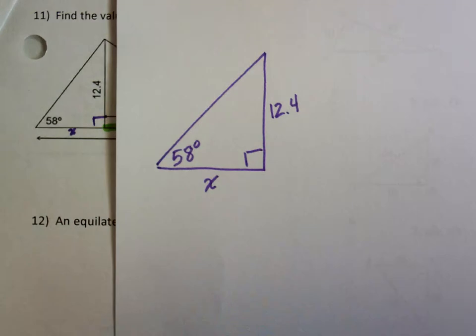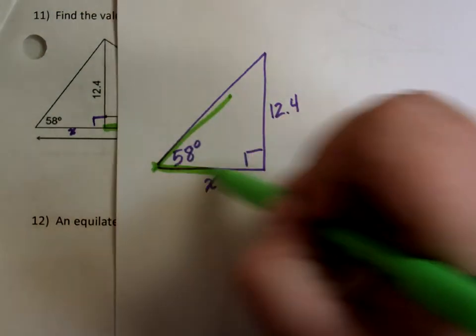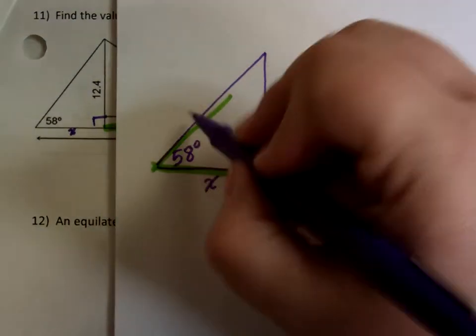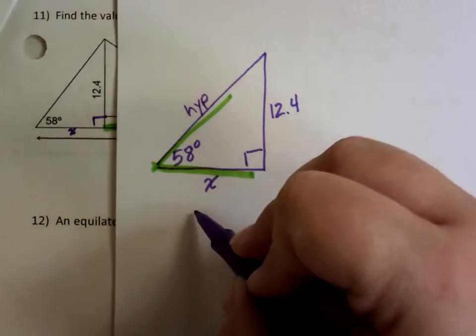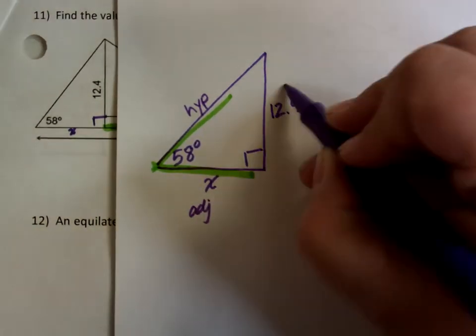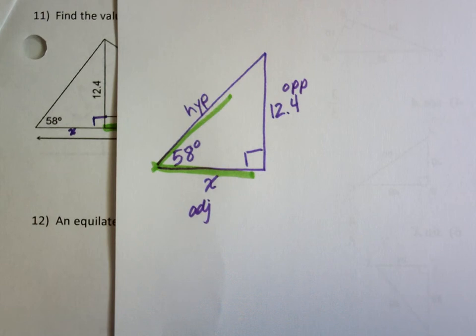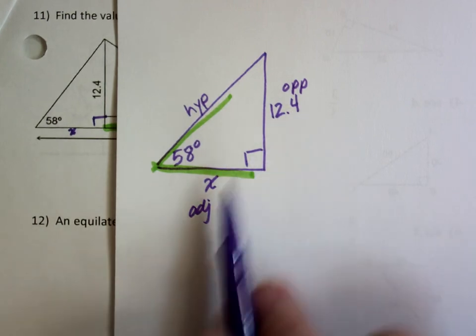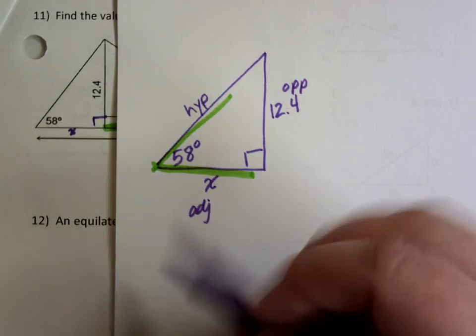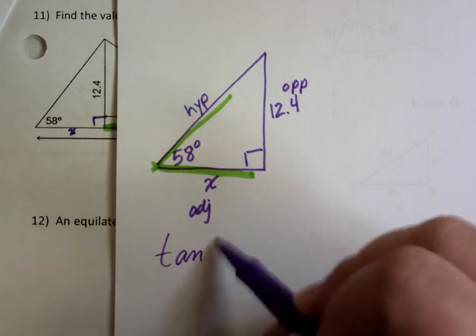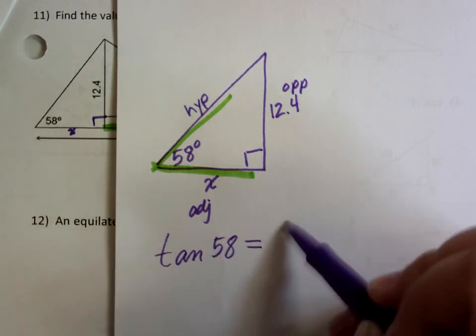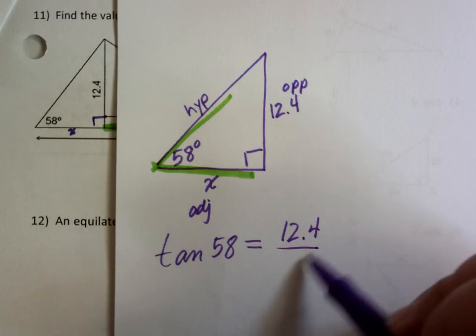So here's my angle, 58 degrees. This is the hypotenuse. This is the adjacent. That makes this the opposite. So I'm using opposite and adjacent. That's the tangent. So tan 58 equals opposite over adjacent.